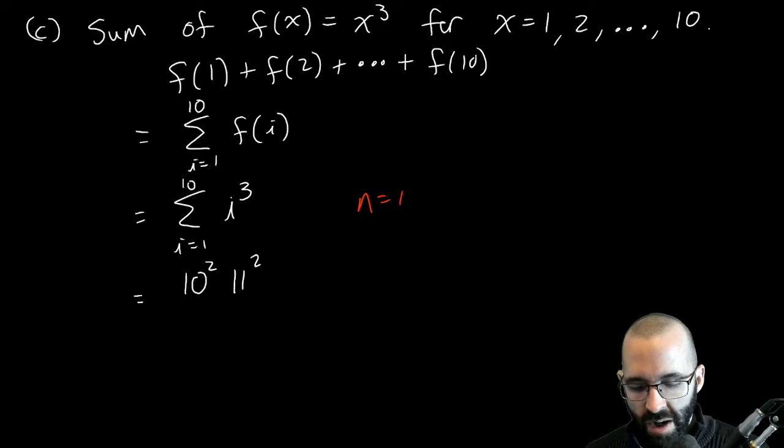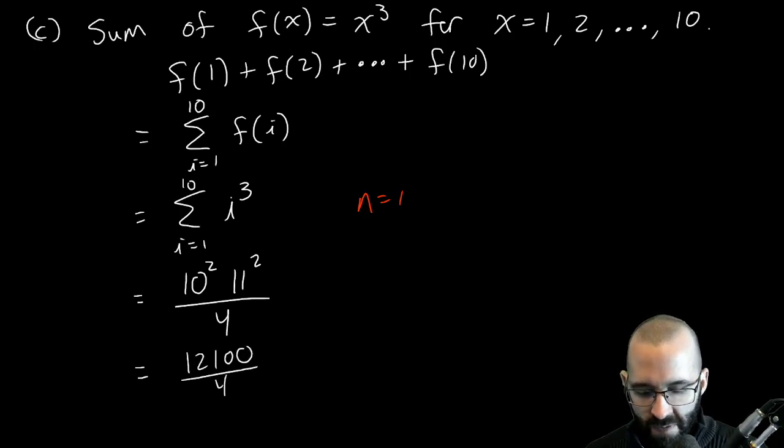Times n plus 1 squared, all over 4, that's 100 times 121 all over 4. That's, hold on, I can do this. That's 60,500 divided by 2. That's 30,250.